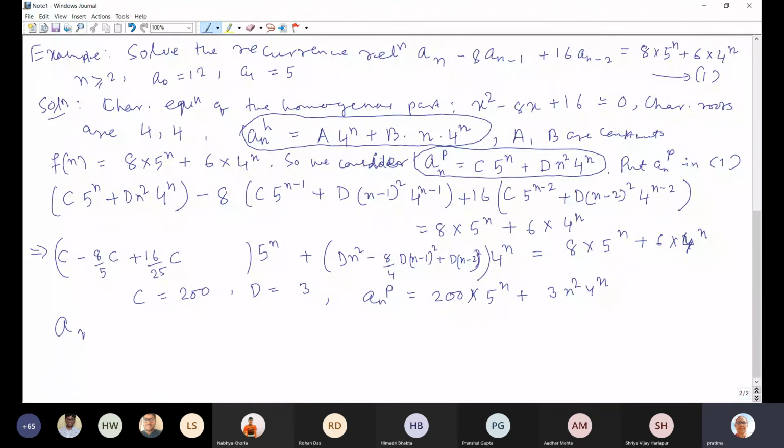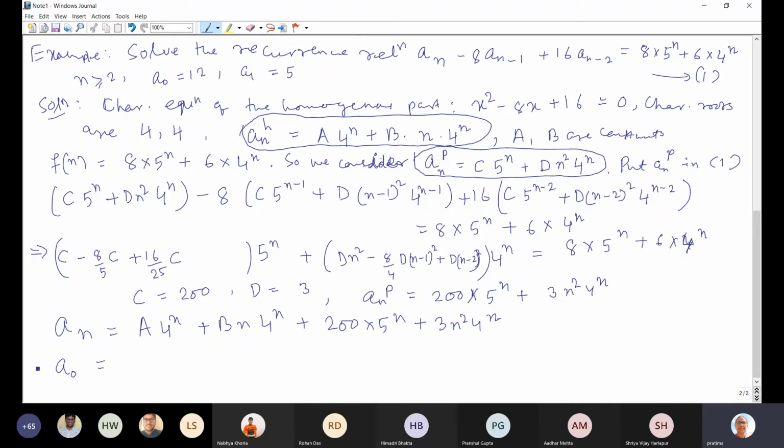So here An you write down as A into 4 to the power n plus B n into 4 to the power n, plus the particular solution 200 into 5 to the power n plus 3n square 4 to the power n. This is the An, where A and B are unknown. So for A and B we have to use the initial conditions. A0 is equal to 12.